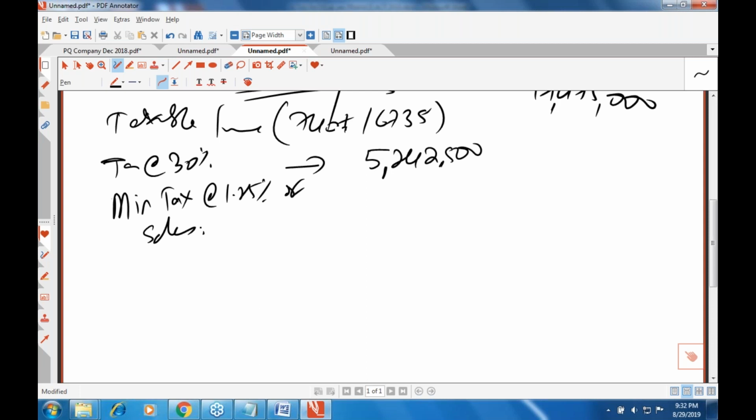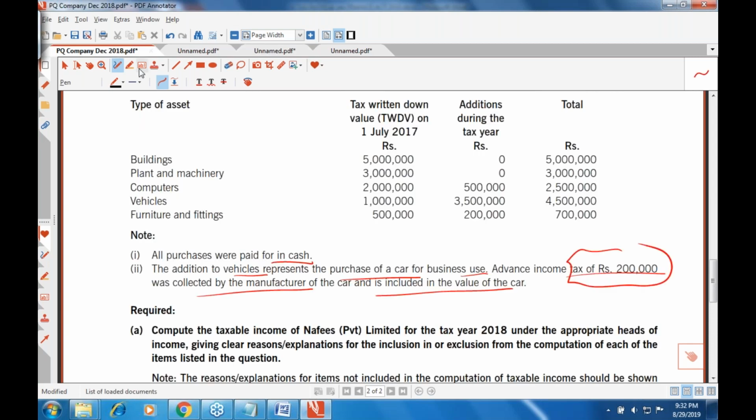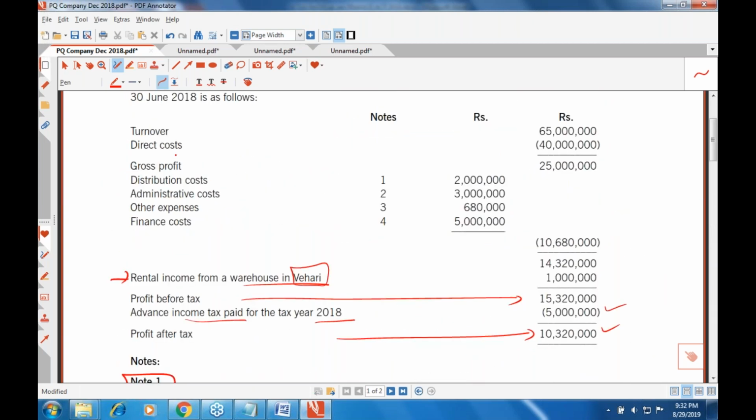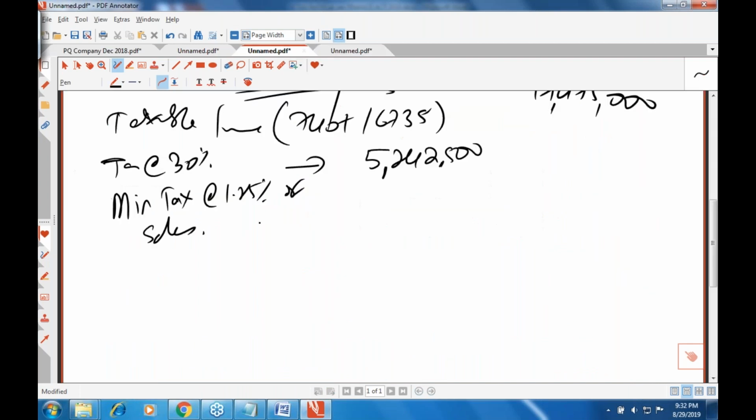Now, how do we establish this minimum tax? Let's try to understand. What exactly are the sales of this business going to be? The sales are 65 million.